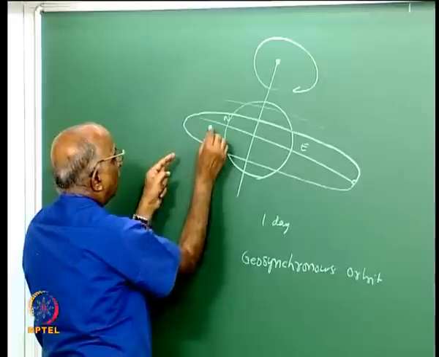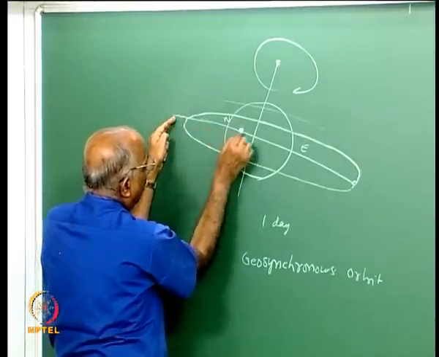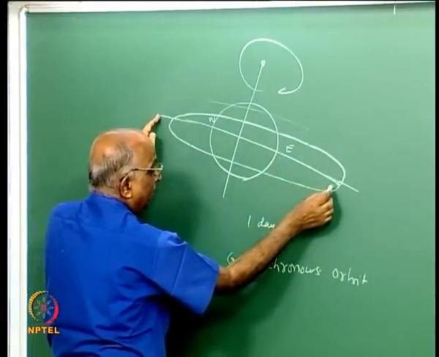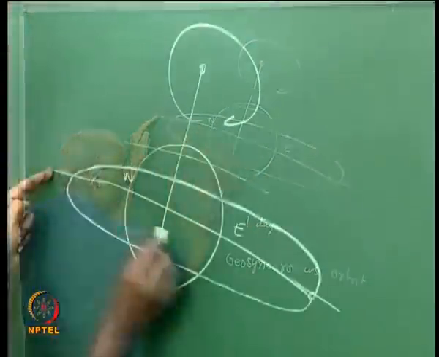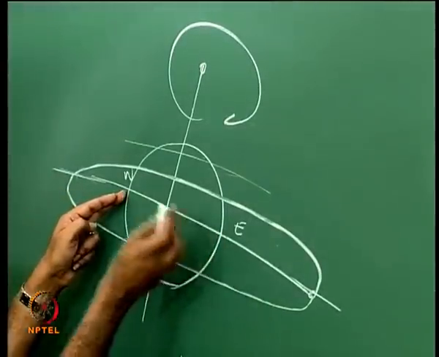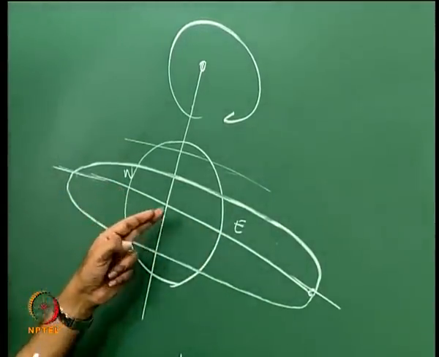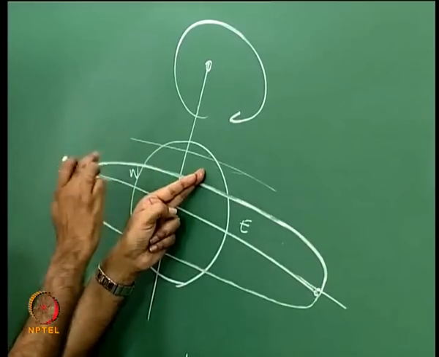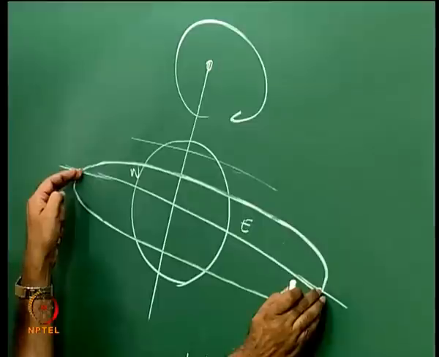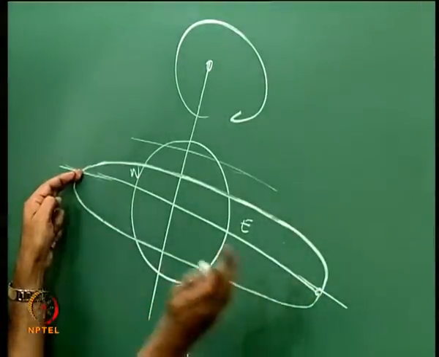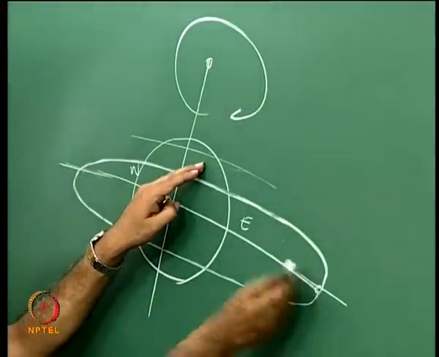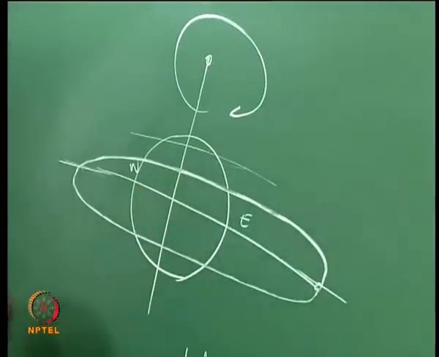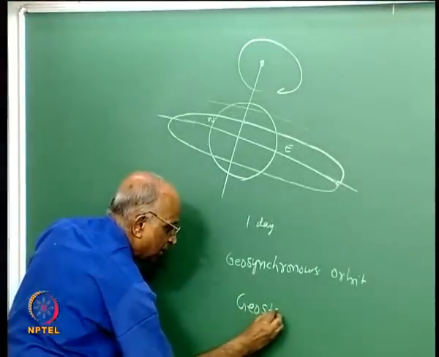However, if the body is rotating on the east west axis, namely on the equatorial plane, and it also rotates once in 24 hours, just the same way as the earth rotates in 24 hours, then for any point on the surface of the earth, the satellite will always appear stationary, and such an orbit is known as geostationary.